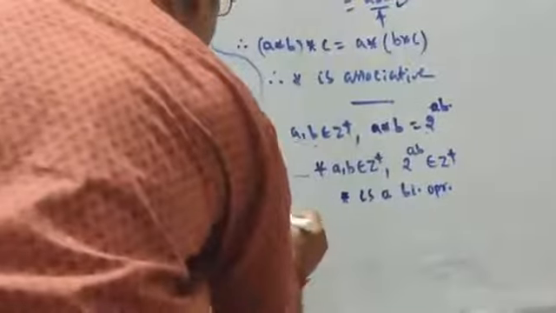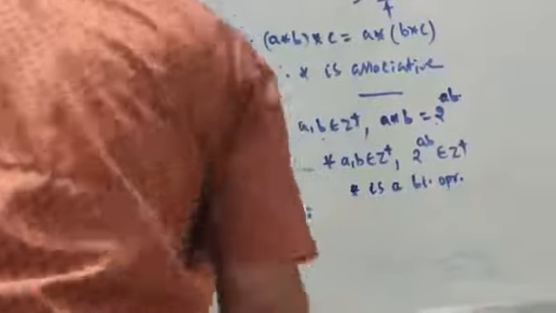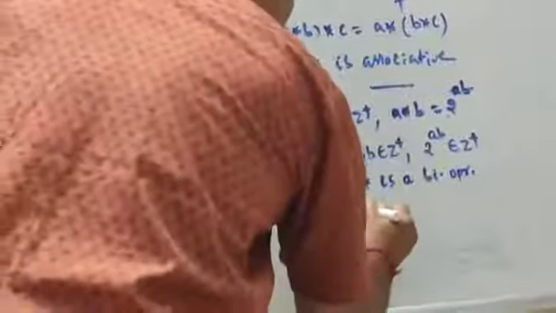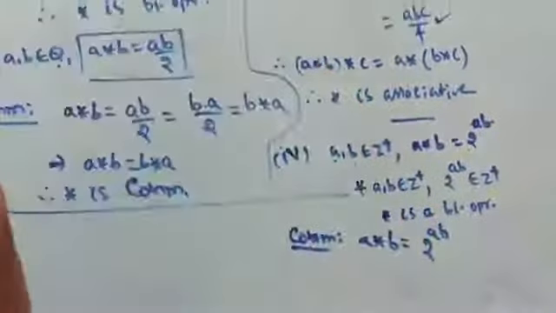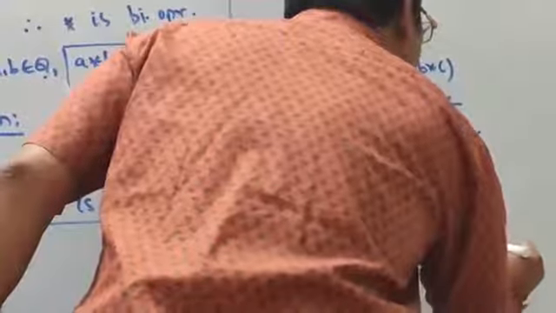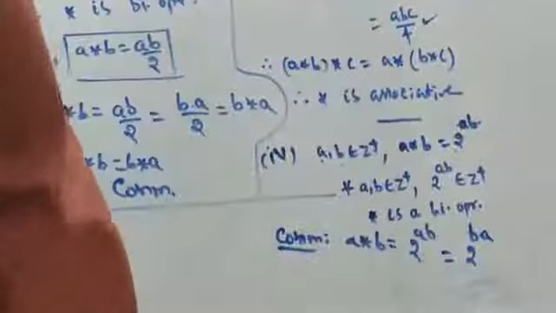Next, commutative law. a star b is defined as 2 power ab. So 2 power ab can be written as 2 power ba. a into b and b into a are both the same, so it is nothing but b star a.